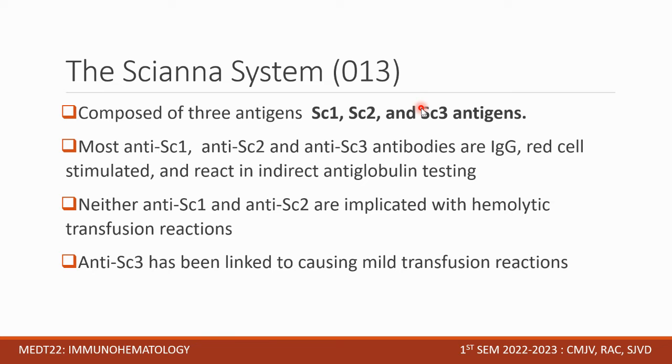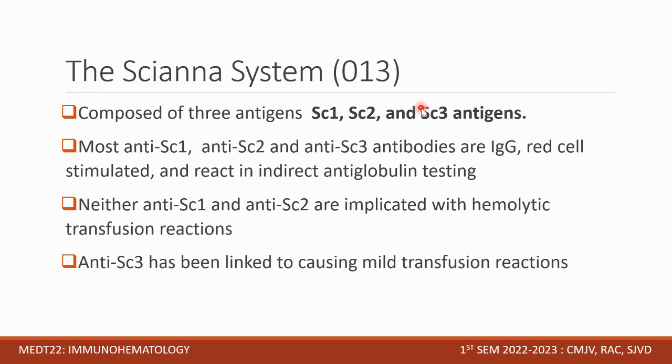Next one, we have the Scianna system, 013. Okay, composed siya ng three antigens. We have Sc1, Sc2, and Sc3. Okay? So most anti-Sc1, anti-Sc2, and anti-Sc3 antibodies are IgG, red cell stimulated din siya and react in IAT or indirect antiglobulin testing. So neither anti-Sc1 and anti-Sc2 are implicated in hemolytic transfusions.